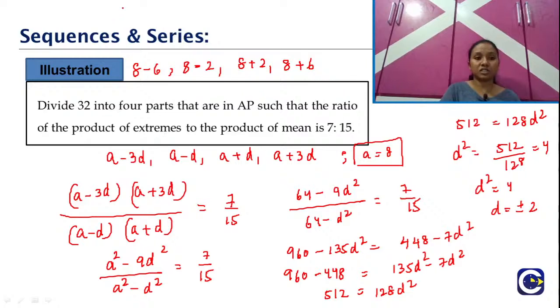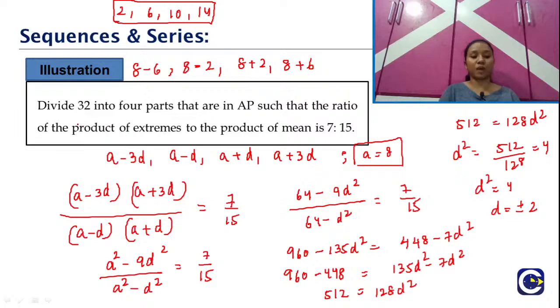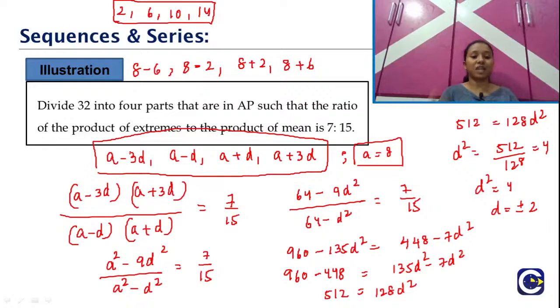So 8 minus 6 is 2, 8 minus 2 is 6, 8 plus 2 is 10, and 8 plus 6 is 14. So these are the 4 parts into which the number 32 has been divided, such that these 4 parts are in AP. So the only thing here is, once we take the terms of an AP in a perfect order, it will be easy to determine the A value.